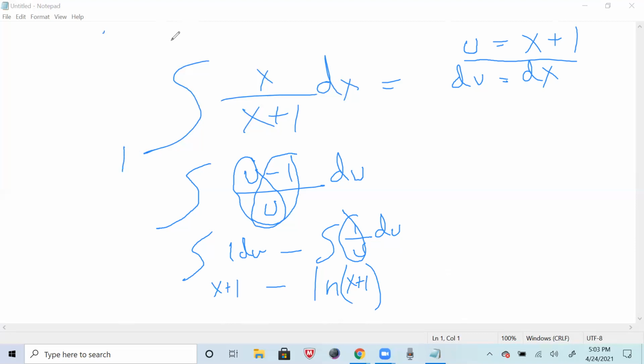Let's say this was going from 1 to 3. Because I've substituted back for x, I can do it from 1 to 3. If I wanted to leave it in u, then I would have to go from 2 to 4 again. I find this is actually the easier way to go because you don't have to go through the math of changing the limits. In other words, I always substitute back for u before I do the evaluation.